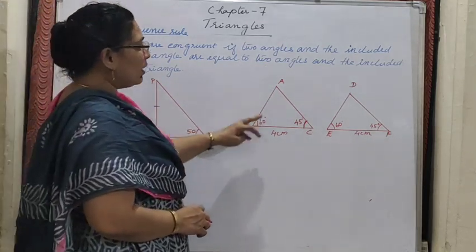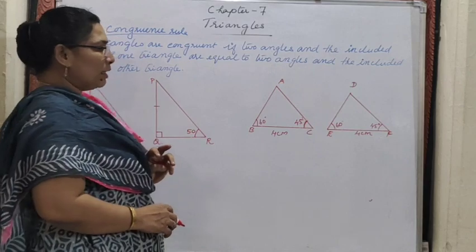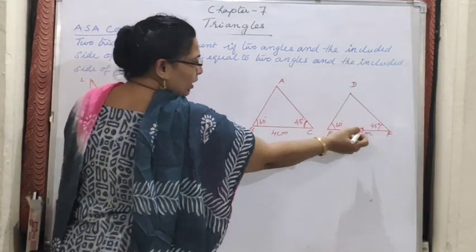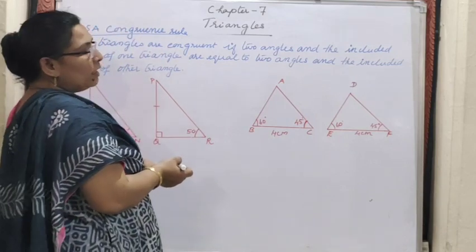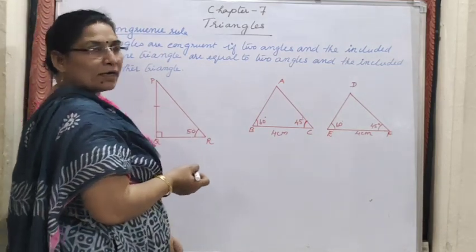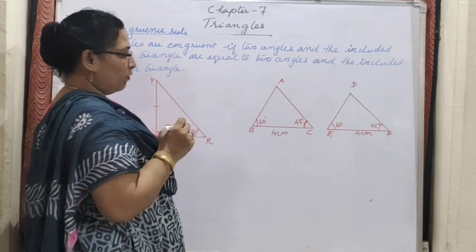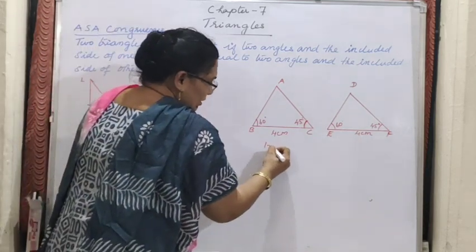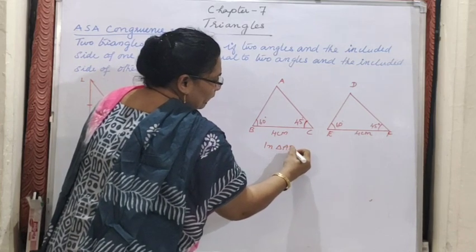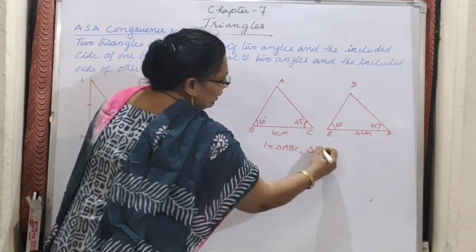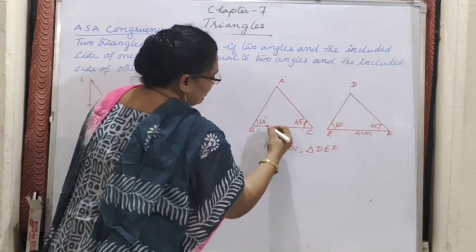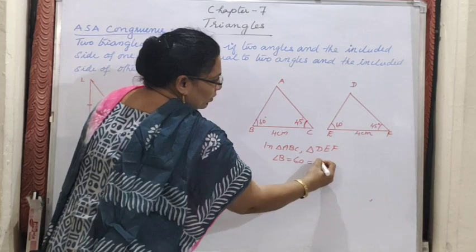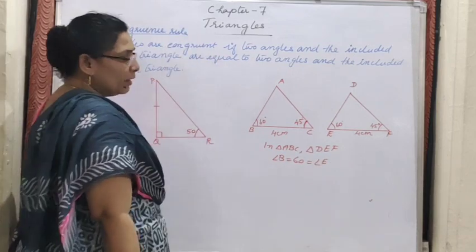See this example, triangle ABC and triangle DEF is given. So one angle 60 degree, another is 45. Similarly in DEF also, we can see that one angle is 60 degree, another angle is 45 degree. So what is the meaning of this one? Means in triangle ABC and triangle DEF, we'll check the angles, that is angle B equal to 60, which is equal to angle E, right?